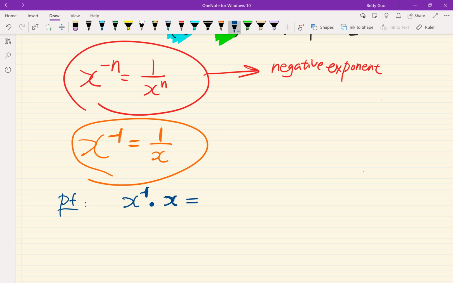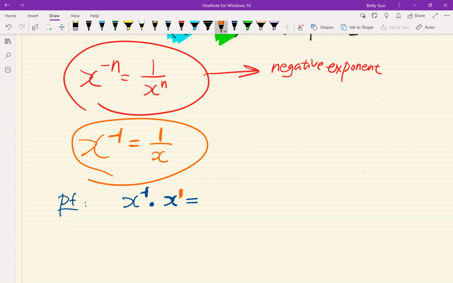Can anyone tell me what the product is? If we multiply x to the power of negative 1 by x, I can give you a hint. X here actually has an exponent of positive 1, right? X is x to the power of positive 1. Look at the first formula on the board.